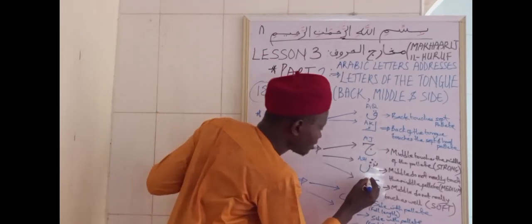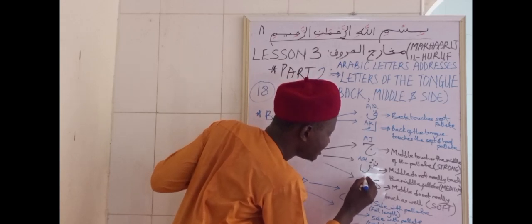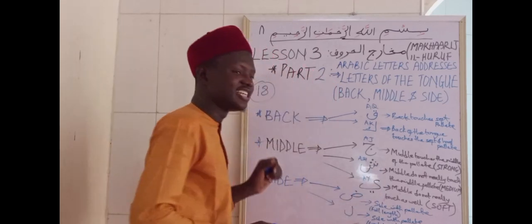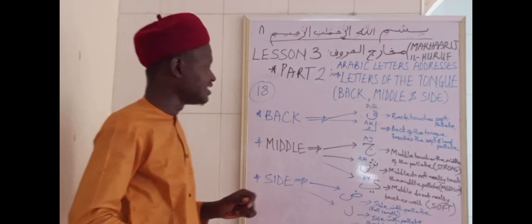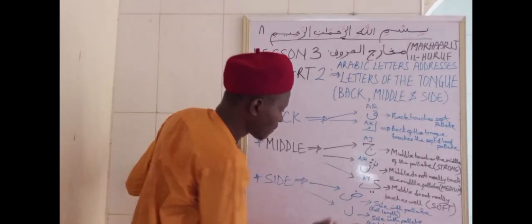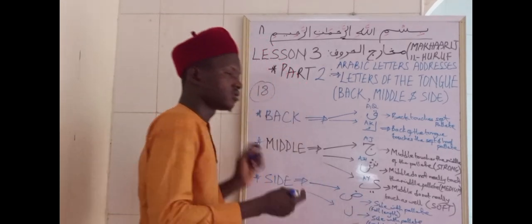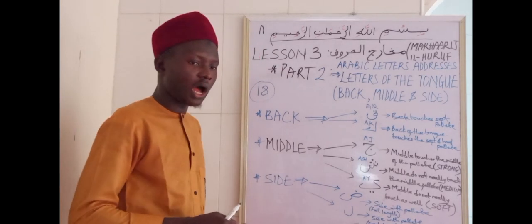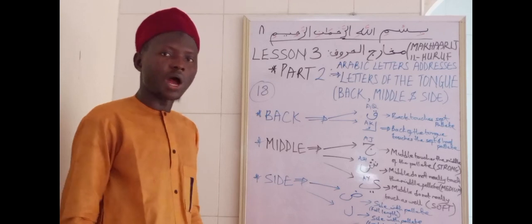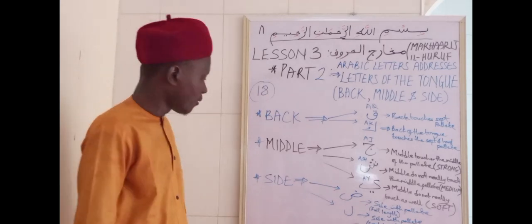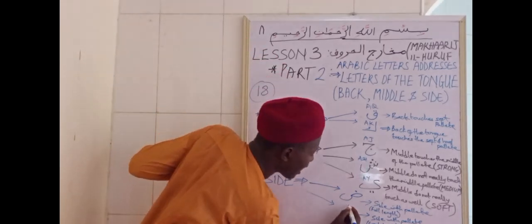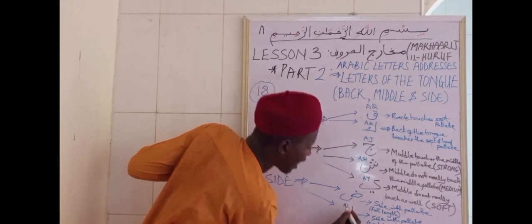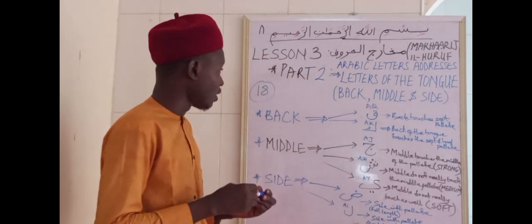This one is Y, ay, ay. This one is dad. No, you don't have its replica in English language. This one, lam. So this is where we are going to stop.